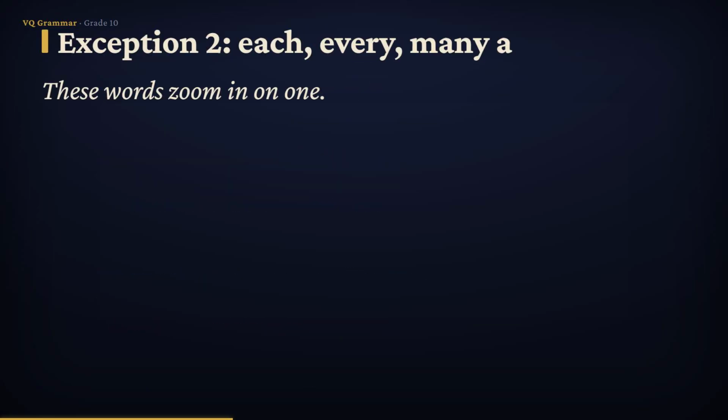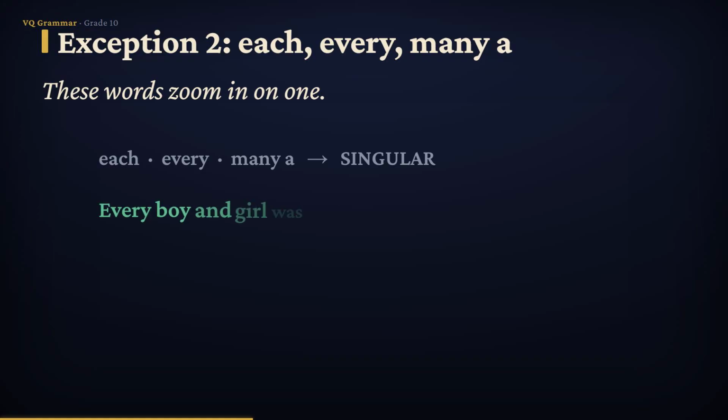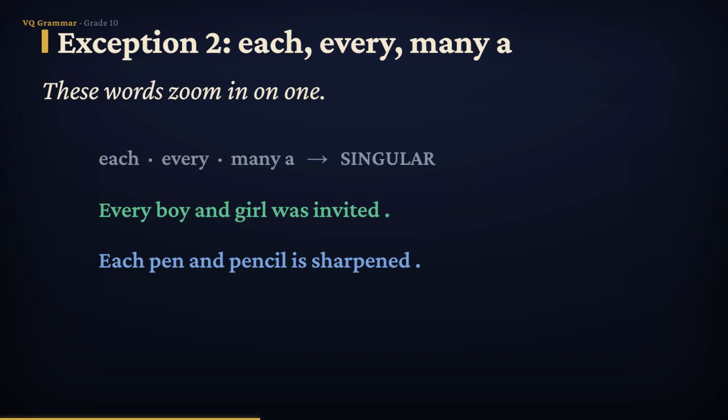There is a second exception, and it is easy to spot once you know it. When the little words "each", "every", or "many a" come in front of a compound subject, the whole thing goes singular, even though "and" is doing the joining. Every boy and girl was invited, not "were", "was". Each pen and pencil is sharpened.